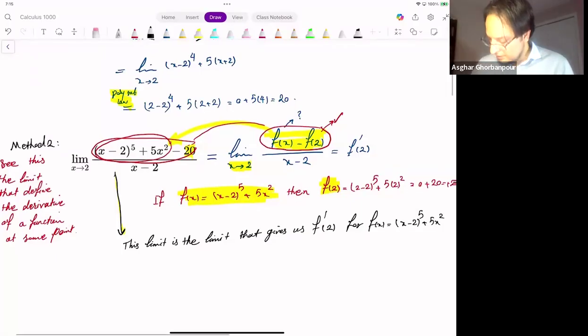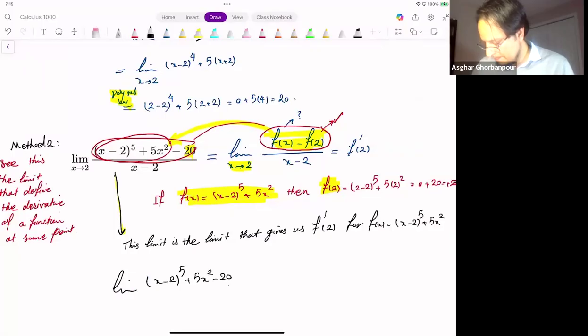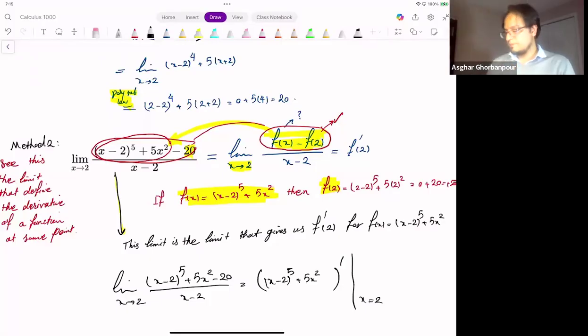So the limit is the derivative of this whole thing, (x minus 2) to the power 5 plus 5x squared minus 20, prime, at x equal to 2.